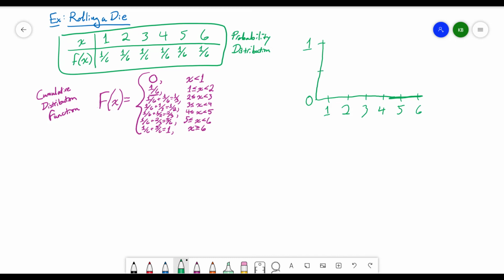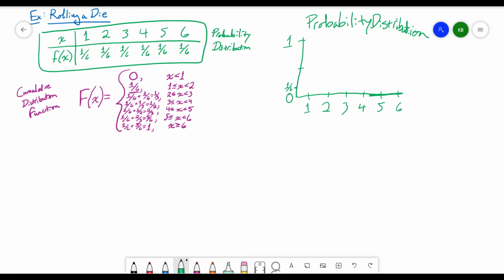And we're specifically going to care about 1/6 because that's where everything falls for my probability distribution. So here's my probability distribution as a graph. I have 1/6 as the probability of getting 1, 1/6 as the probability of getting 2, 1/6 for 3, 1/6 for 4, 1/6 for 5, and 1/6 as the probability of getting 6.